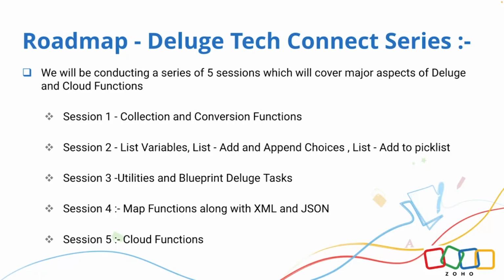Session 3 will be based specifically on the utilities and blueprint Deluge task. Then we have a fourth session based on the map functions along with XML and JSON. We'll delve deep into all these aspects with all the built-in functions.